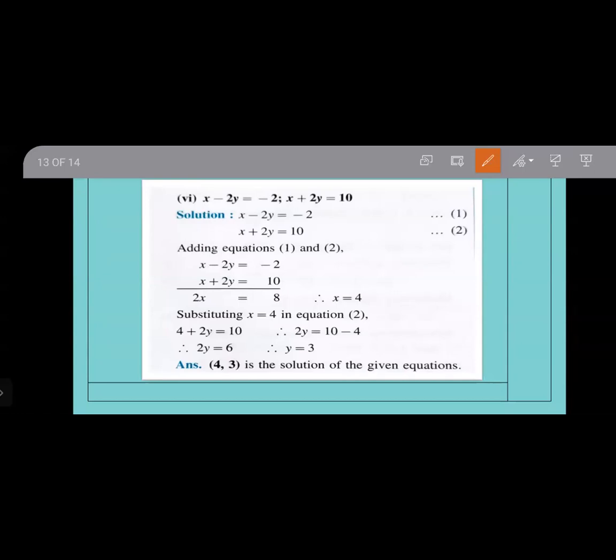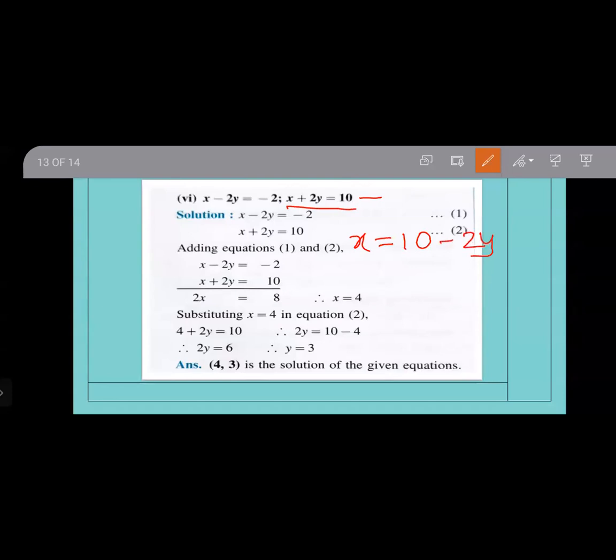So if I want to solve this question by the substitution method, what will it be? I'll take any one equation. Suppose I take the second equation, that is x + 2y = 10. So I will write x = 10 minus 2y.